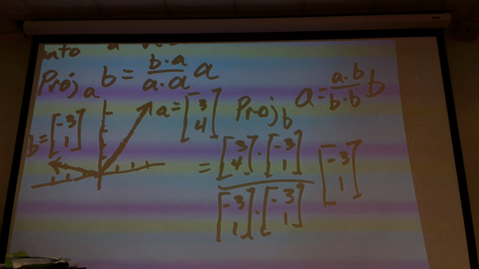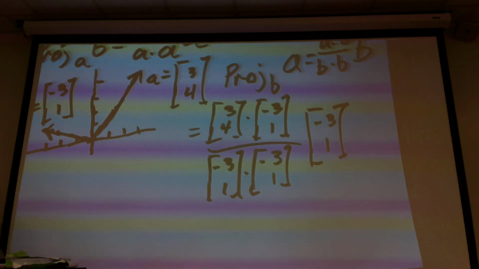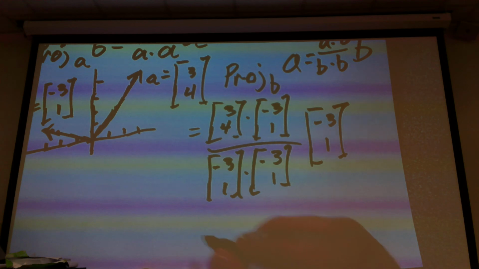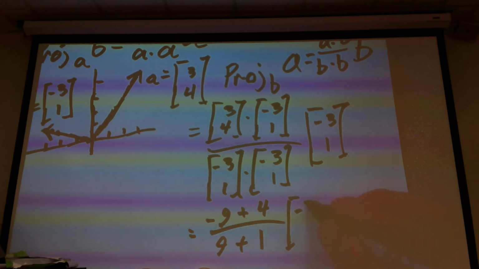So that would come out to 3 times negative 3, that would be negative 9, plus 4, divided by negative 9 and 1, and then multiplied by negative 3 and 1.